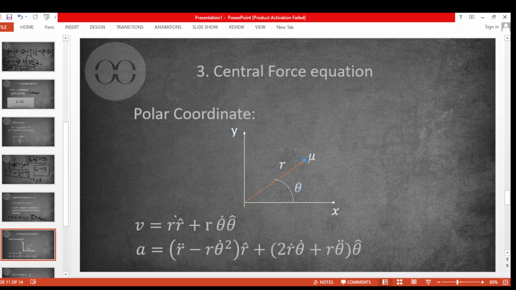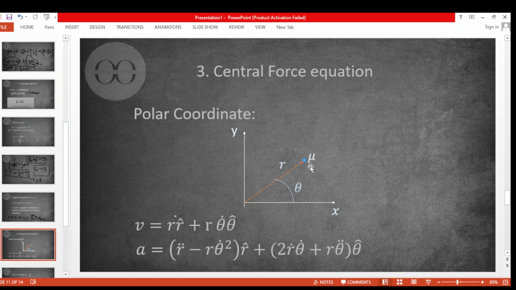Here you can see one blue dot, which is denoted by mu, and the position vector of this blue dot from the origin is small r, and this makes an angle of theta with the horizontal axis or x-axis of our Cartesian coordinate.